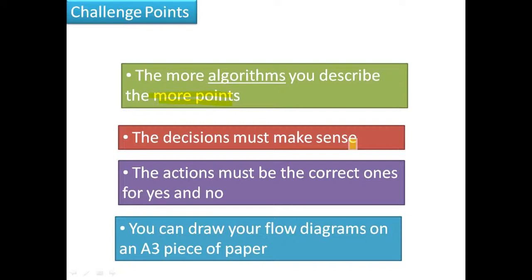And you come up with the answer yes, then a logical thing to do would be to stop. Things like that. The actions must be the correct ones for yes and no. That's what we were just describing. And you can draw your flow diagrams on an A3 piece of paper. That's a useful aspect. You can get them all on one A3 piece of paper.